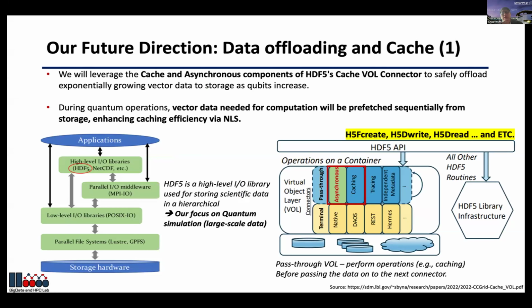So to do that, we are currently leveraging the cache or asynchronous components of the HDF5 cache VOL connector, which is the aforementioned file format for existing HPC applications. The reason is, first, the compatibility with HDF5, which is one of the widely used formats, and second, that people have already done much of the hard work for us.